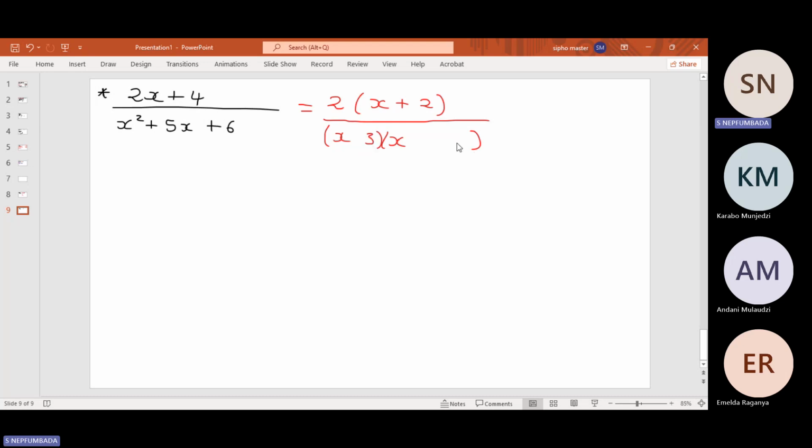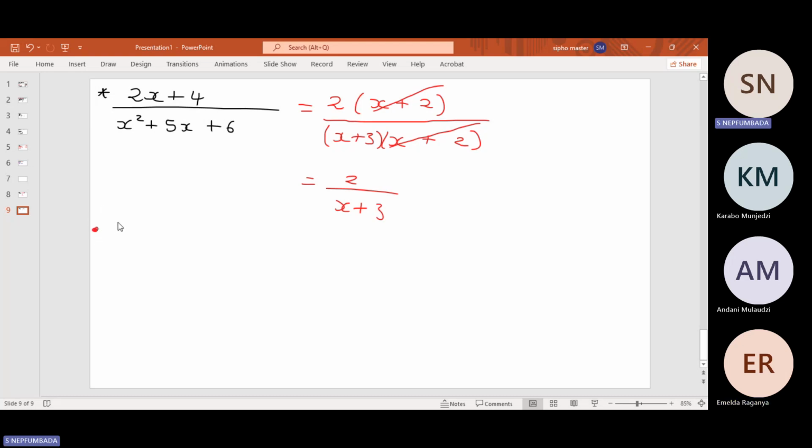Which is 3 and 2. So if you can check, you will see that this one and that one are cancelling. And we're left with 2 over x plus 1. Any question? No question.